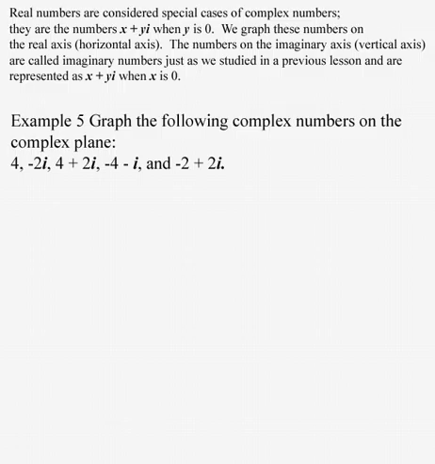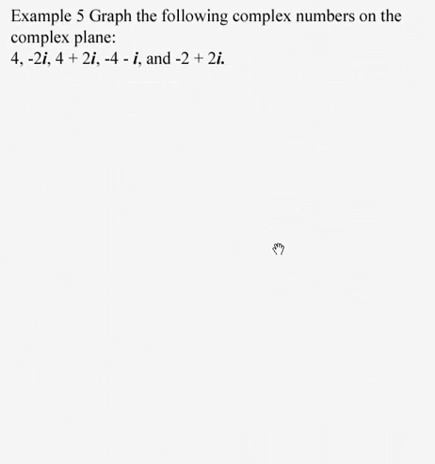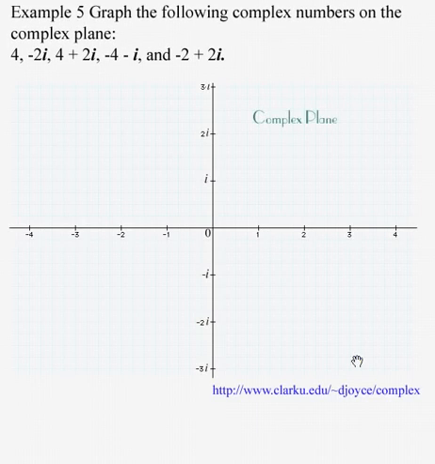Numbers that are purely imaginary, on the vertical axis, can be done similarly, considering the real part, x here, as 0, and we can just plot the yi portion. So what we'd like to do is graph the following numbers on the complex plane. And so 4 is a complex number even though it's a simple counting number.